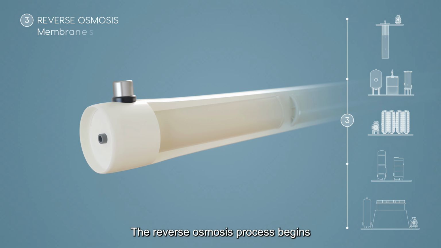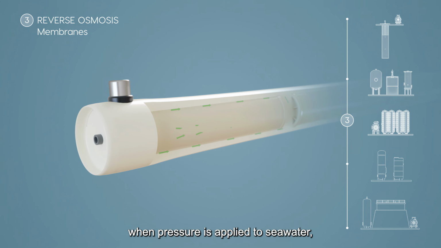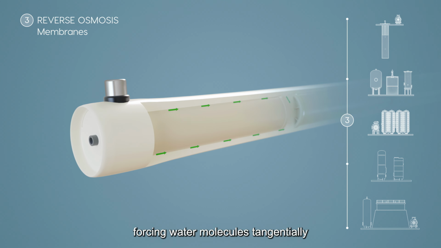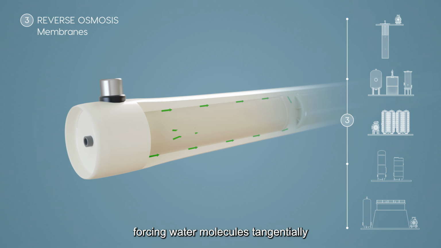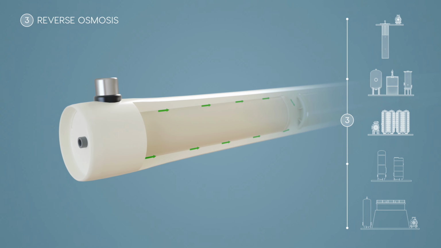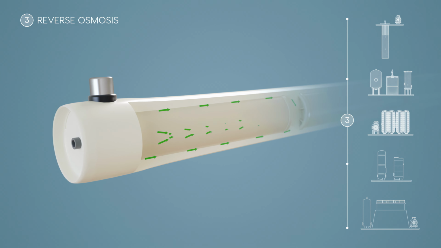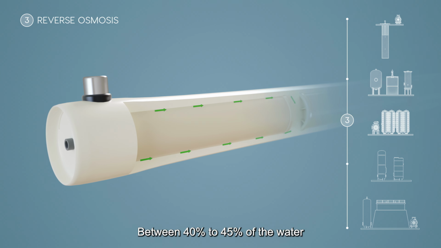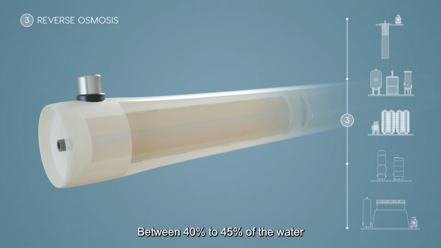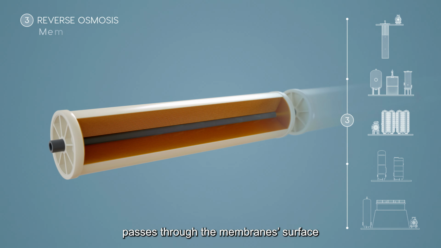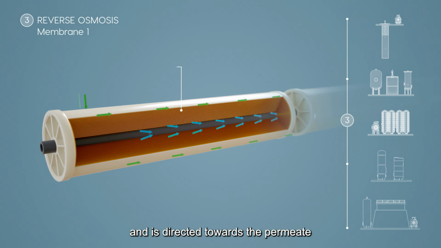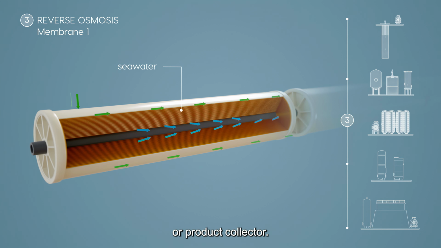The reverse osmosis process begins when pressure is applied to seawater, forcing water molecules tangentially through the membranes. Between 40 to 45% of the water passes through the membrane's surface and is directed towards the permeate or product collector.